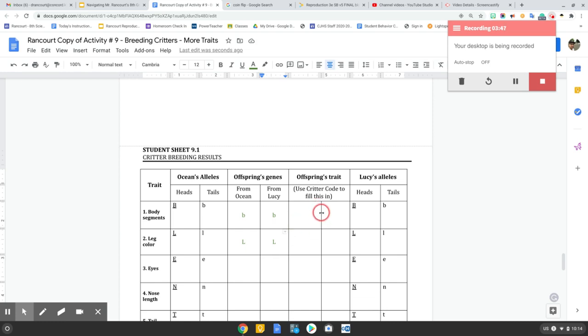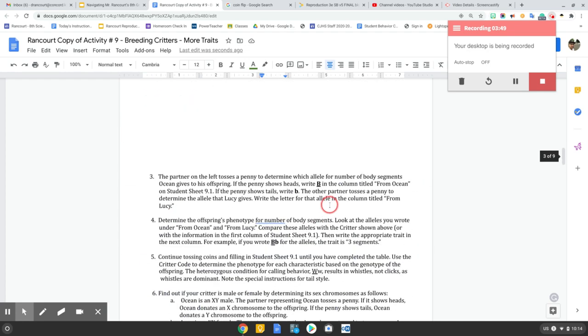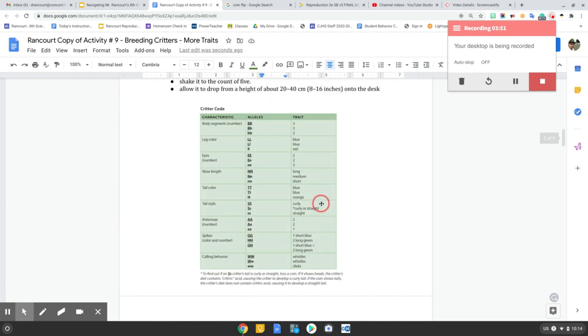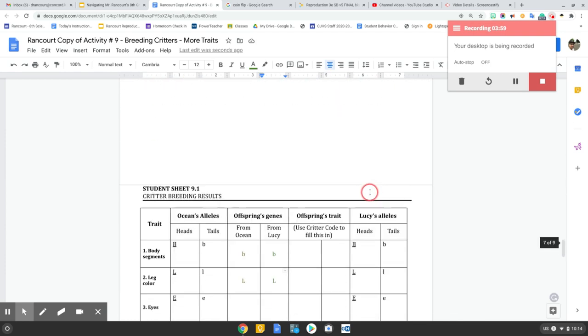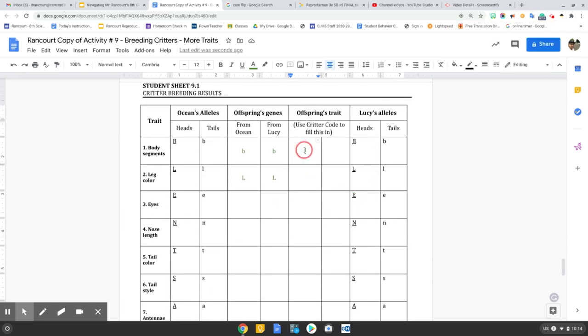I find out that information by going back up into the table right here. Notice that little b means I have 2 body segments. So I'm going to come back down here, and all I want you to type is 2 body segments.